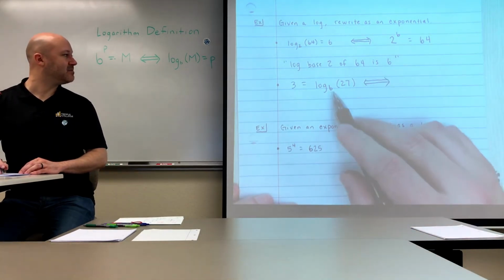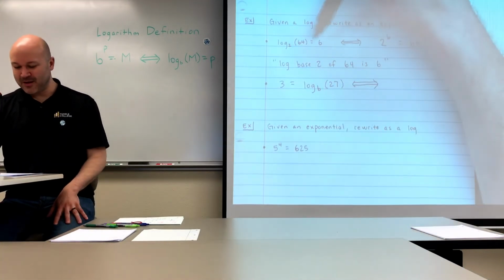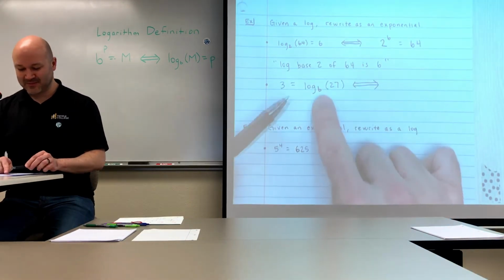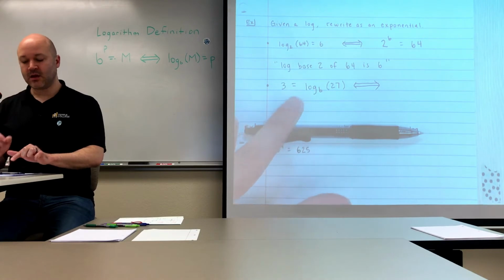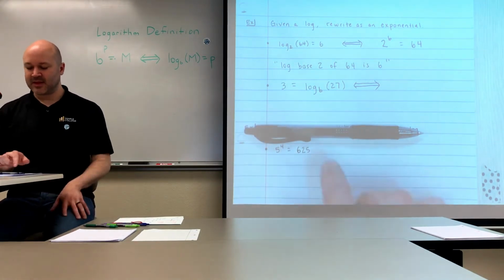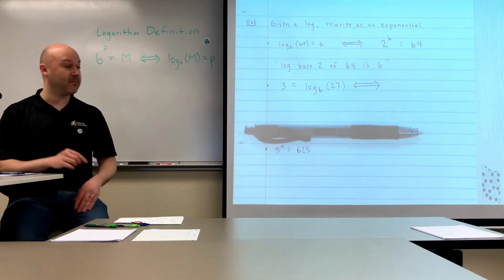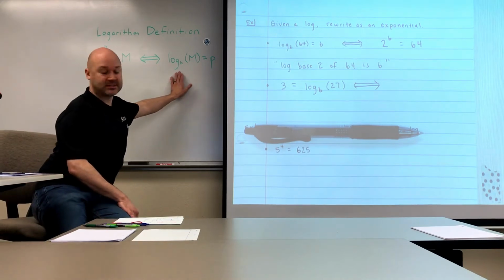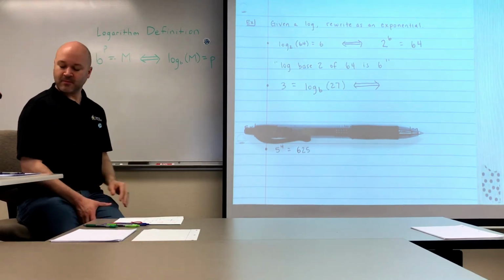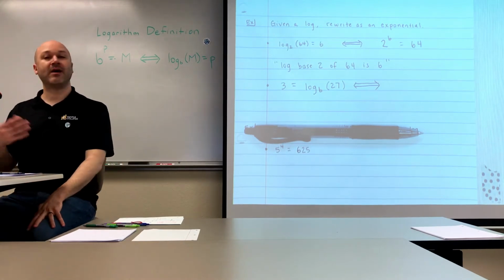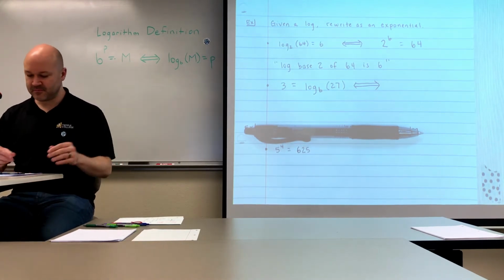My 6's and b's may look similar, but above I was using 6's, now I'm using b's. This is 3 is equal to log base b of 27. Right now that is in logarithmic form. I have some log equaling some power. That 3 is just the power. I'd like to rewrite it in exponential form. You try.